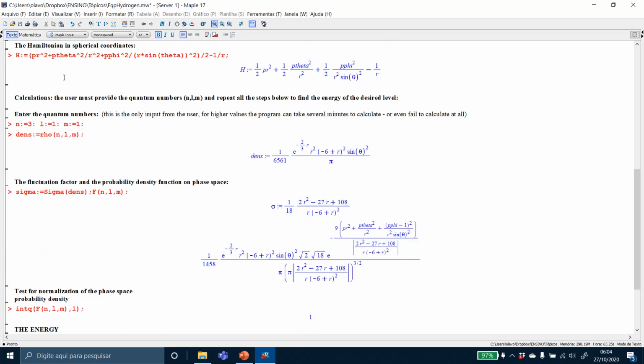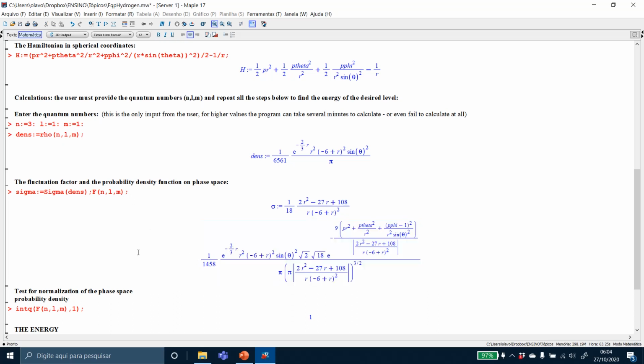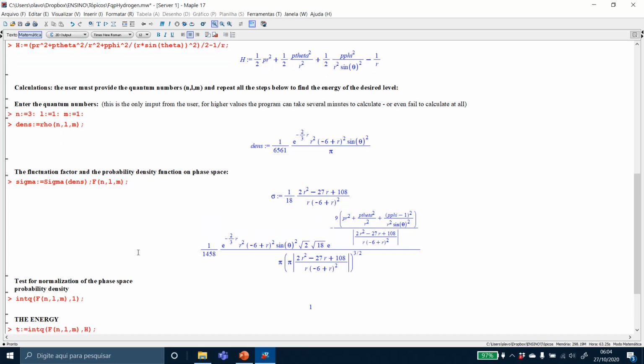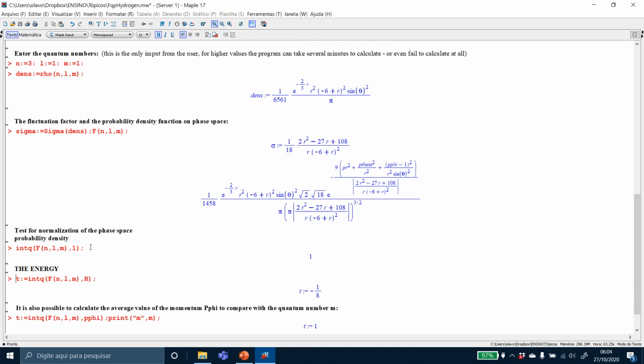So we have here a much more complicated fluctuation term. This function here is the probability density function upon phase space, six-dimensional phase space, and we can show that this function is normalized to 1.